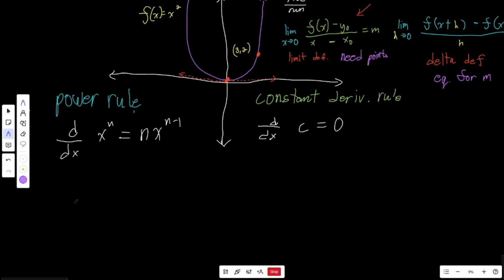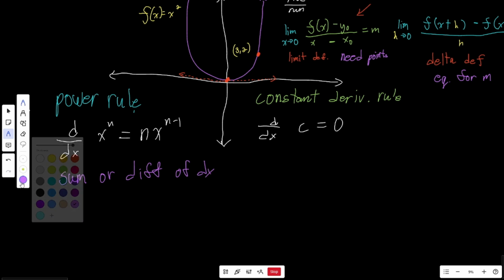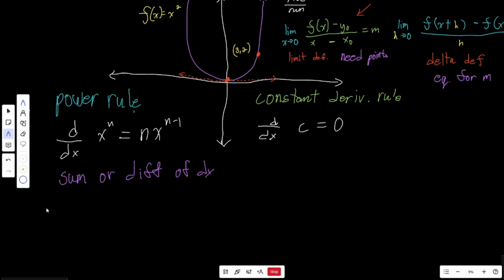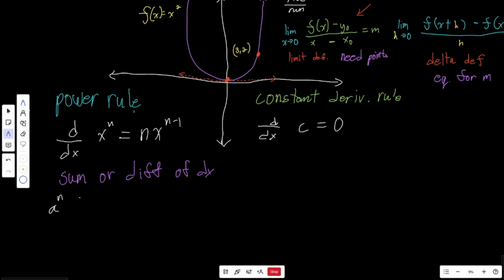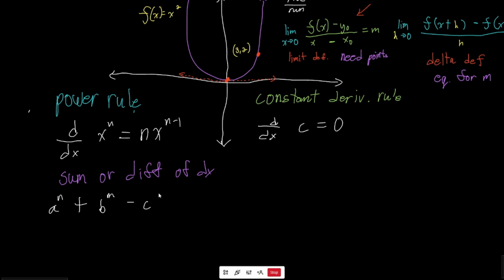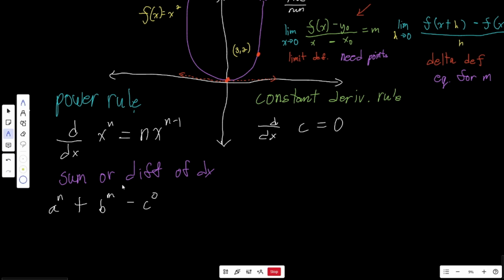And let's use purple for this. So the sum or difference of derivatives. So basically, if we're going to be given a function like this, let's say x to the power of n plus, I don't know, let's use a different variable, a to the power of n plus b to the power of m minus c to the power of o, and we're asked to get the derivative of this.